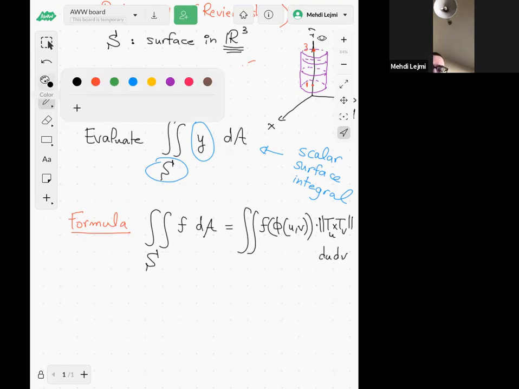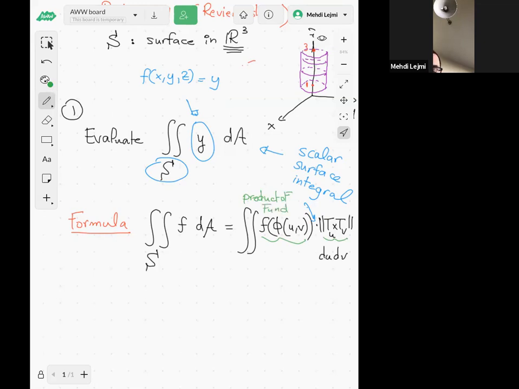This is a product between two functions, because f is a function, obviously, and this norm of the cross product is going to be a function too.